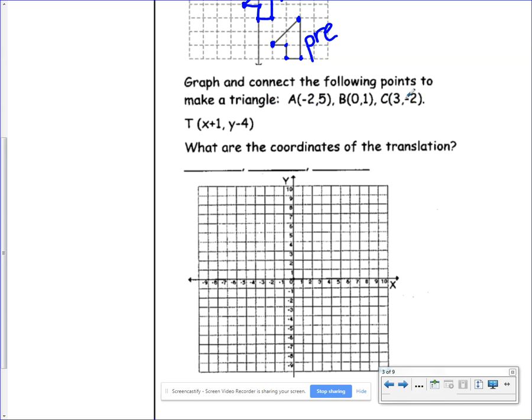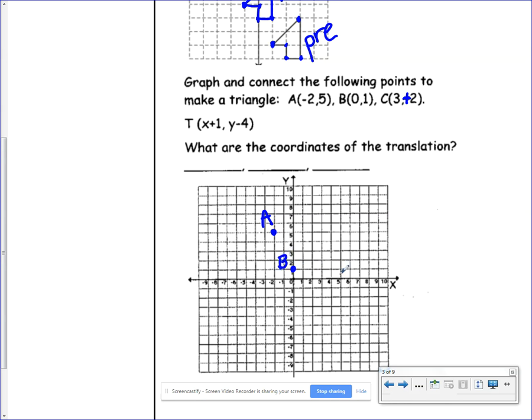Also, I want you right now, kind of a typo there, I want you to change this coordinate of C. I want the y coordinate to be positive 2. All right, here's the first point. A is -2, 1, 2, 3, 4, 5. -2, 5. That's A. Label it. B is 0, 1.